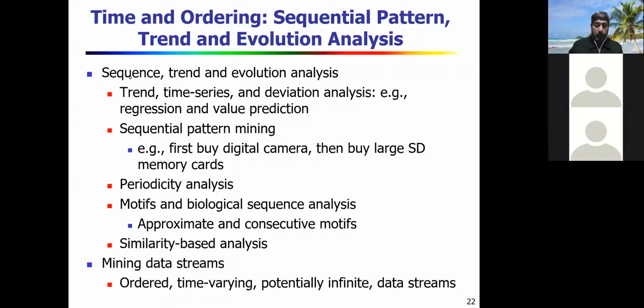So another important task or functionality in data is trend or time analysis. So many of our data sets nowadays have an element of time in them. And whenever you have time, there is a notion of evolution of activity over time.